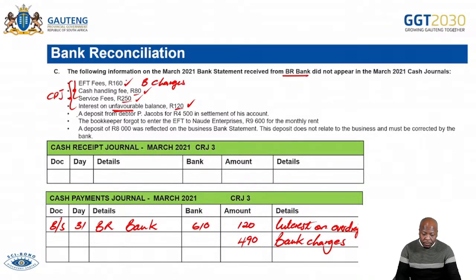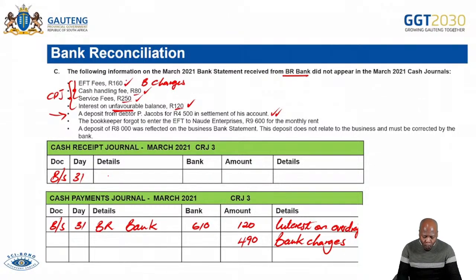Can I come to this one now? Are we good? Okay, let's go to this one. It says, a deposit from debtor P. Jacobs for 4,500 in settlement of his account. So we have a debtor who has paid us. Where does that go? CRJ or CPJ? CRJ. So we're going to say, let's start with the document. Remember, this is all on the bank statement. And then the date, and then the details.